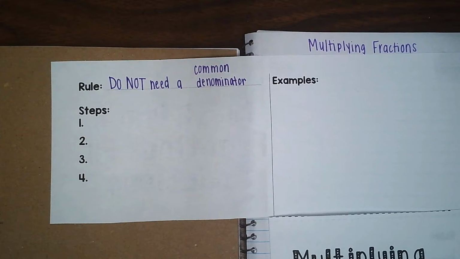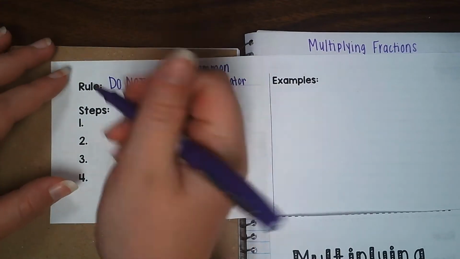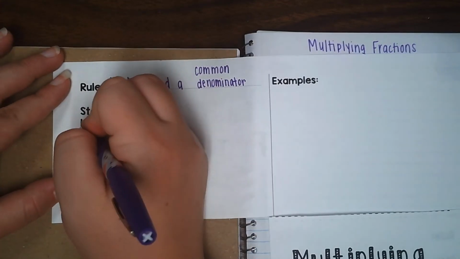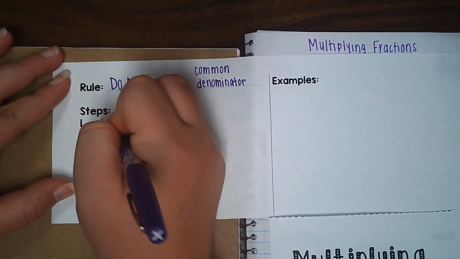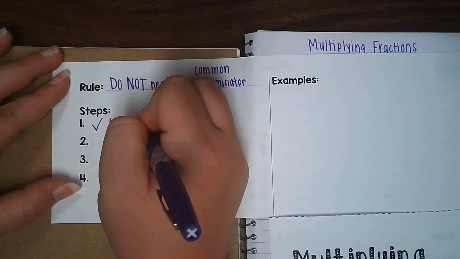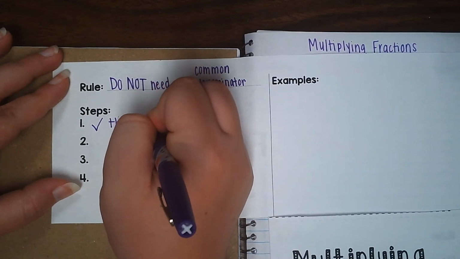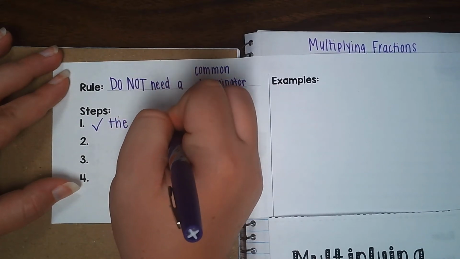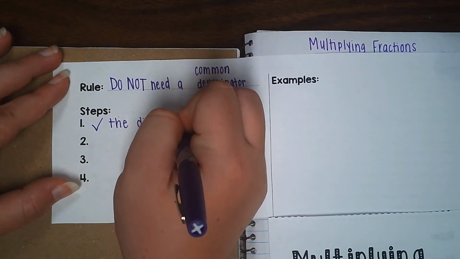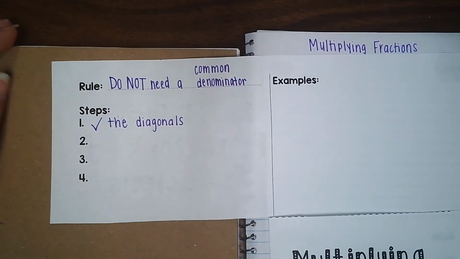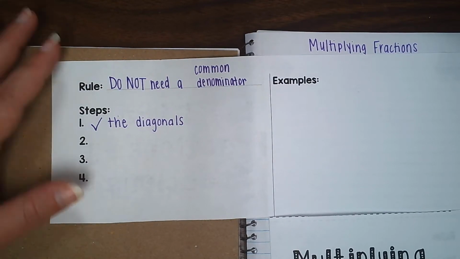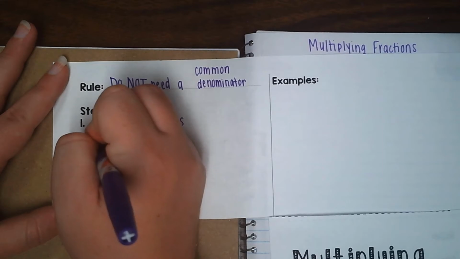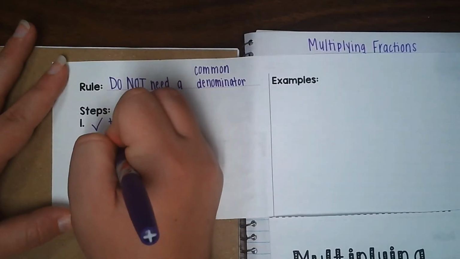So when you have two fractions, your steps are, the first one is to check the diagonals. Our second step is to multiply the numerators.